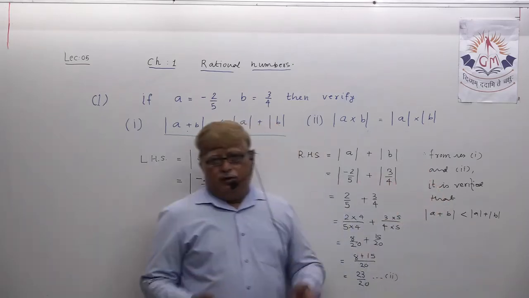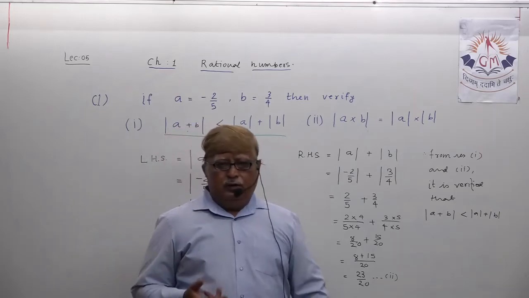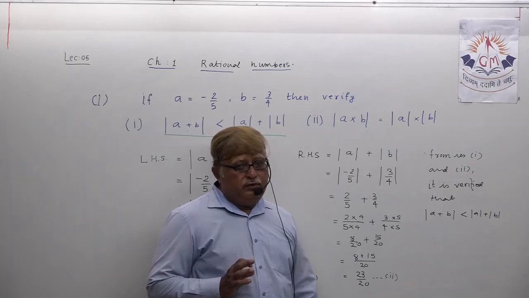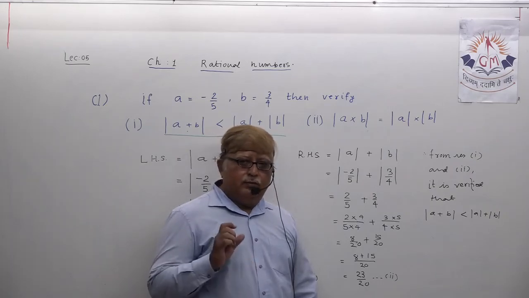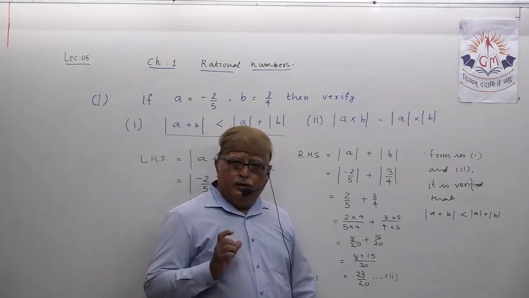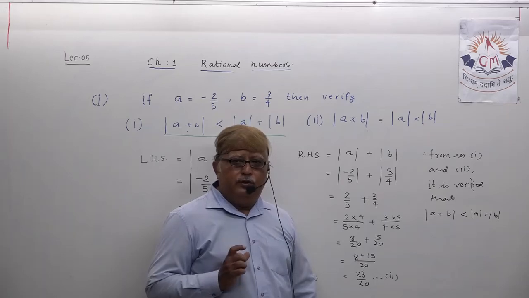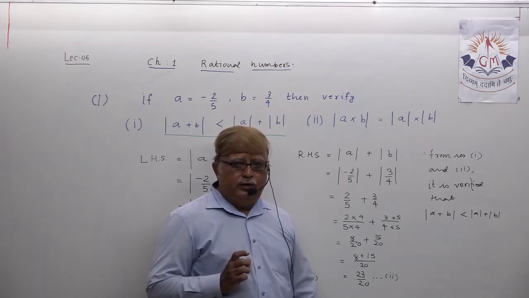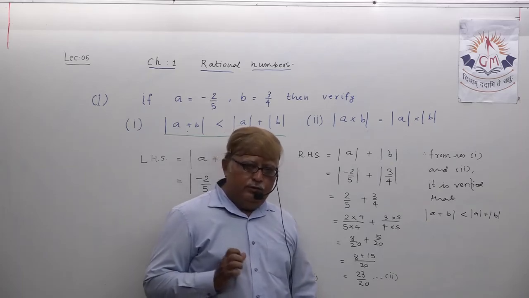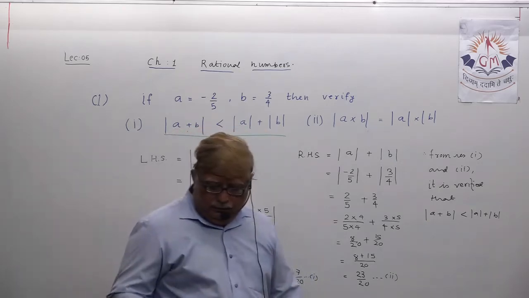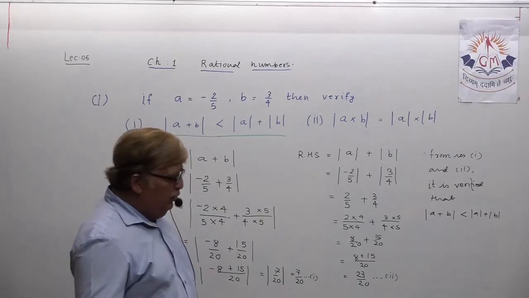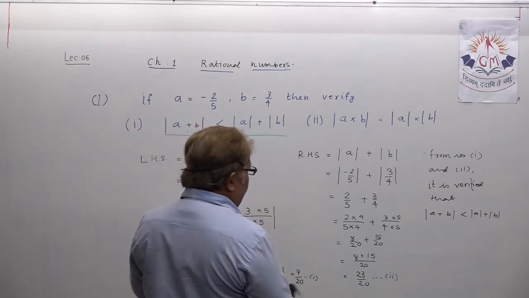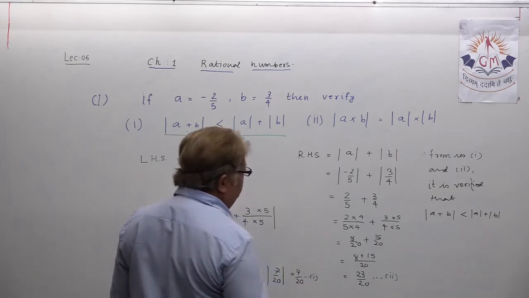But suppose you can't remember it in words, doesn't matter. What you should remember is this only. What is that? Modulus a plus b less than modulus a plus modulus b. Okay. So the first property of rational numbers we could verify.